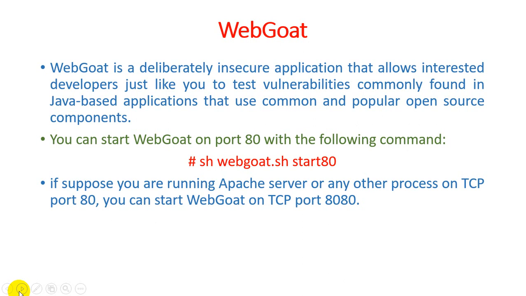Guys, I will just remind you that every single port number runs a single service at a particular time. If somehow some service is already registered on port 80, then your WebGoat software works on port 8080.